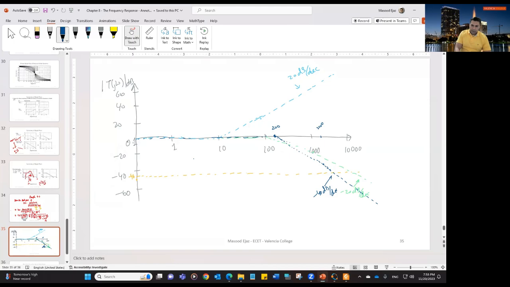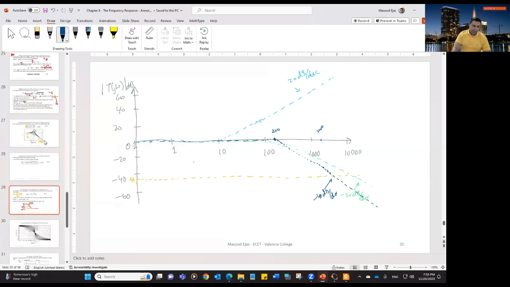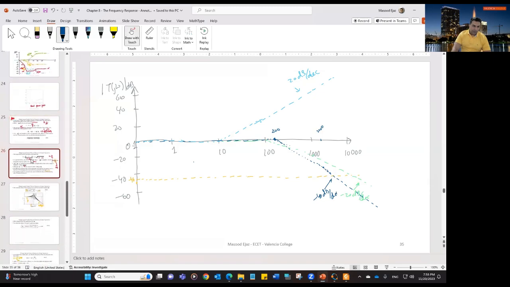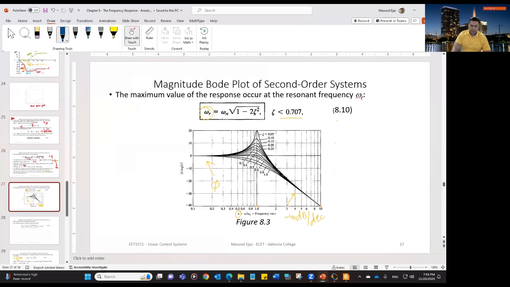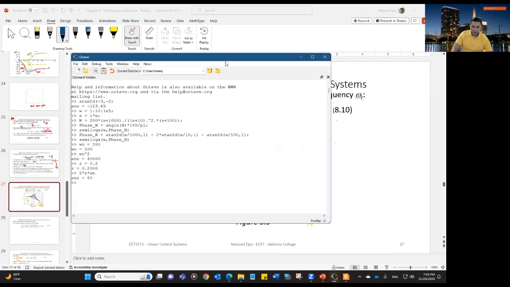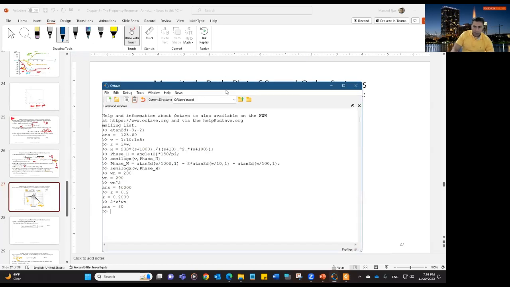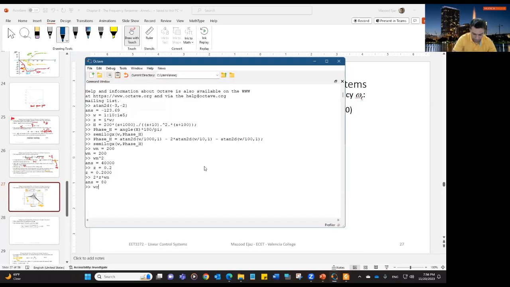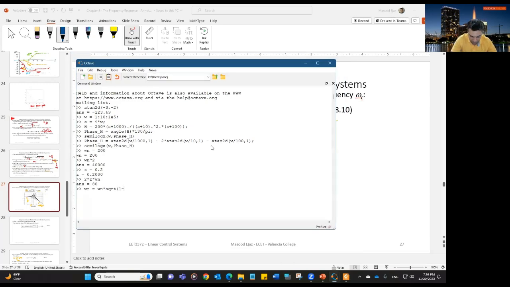Okay, now two things we want to do. We want to find out the resonant frequency at which you get the peak value. So if we calculate the resonant frequency, omega r is omega n times the square root of 1 minus 2 zeta square.